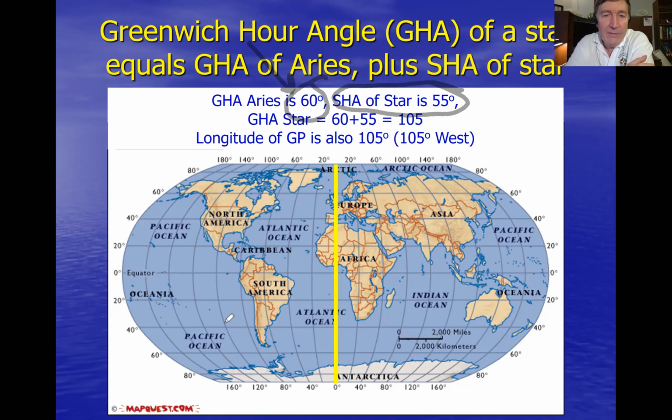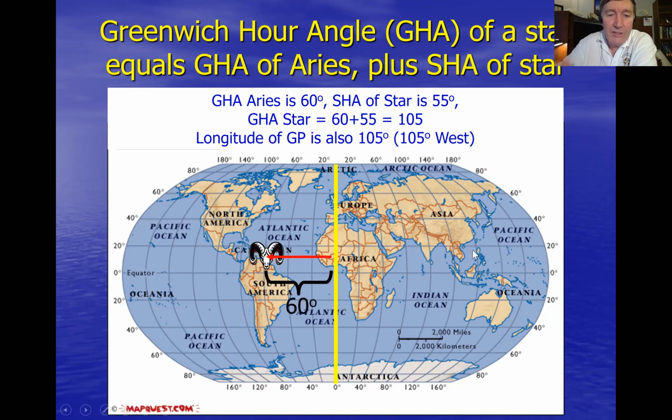So then that means that the GHA of the star that we are interested in is 60 degrees for Aries, plus another 55 degrees for the star. So that means the GHA of the star then was 105 degrees at the time that we measured it. Pretty straightforward.